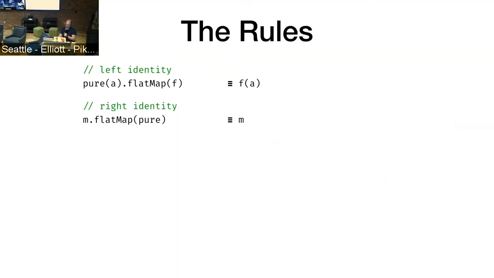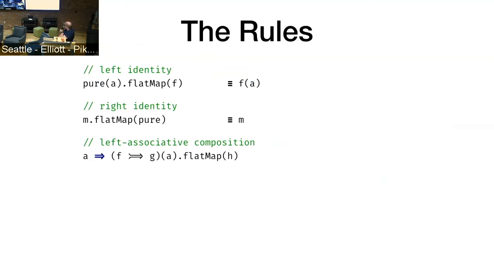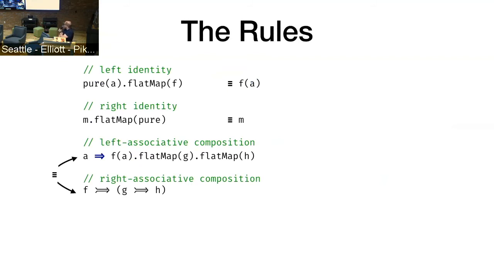All right, let's do associativity now. So left associative composition. We will inline the outer fish, and then we will inline the inner fish. Okay, and then let's see, what can we do? We can substitute A. Okay, so now we have A to F of A flat map, G flat map H. Okay, and that has to be the same thing as the right associative one.